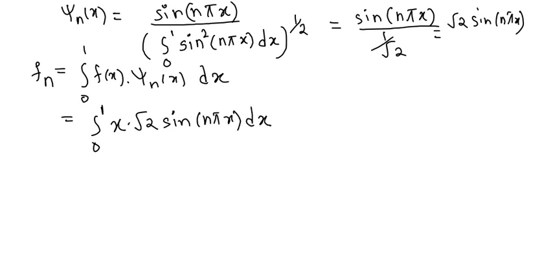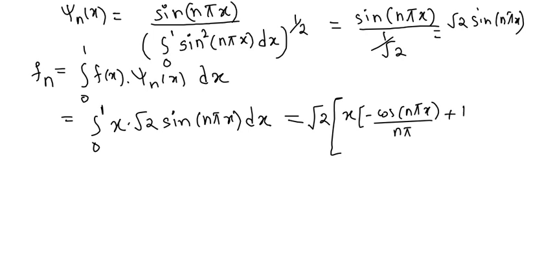So this will be equal to root of 2 times minus cos of n pi x by n pi, plus 1 upon n pi, I'll take it out, integral from 0 to 1 of minus cos of n pi x, so minus of minus, it will become plus, dx.